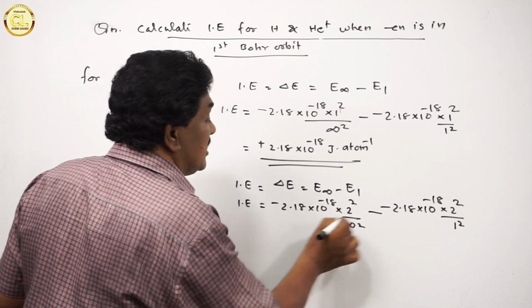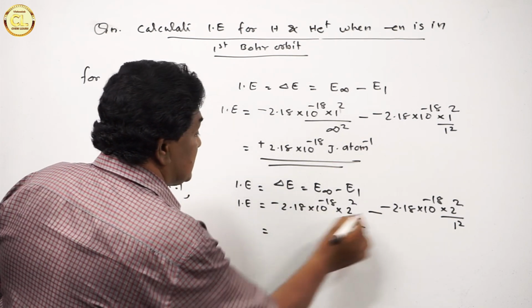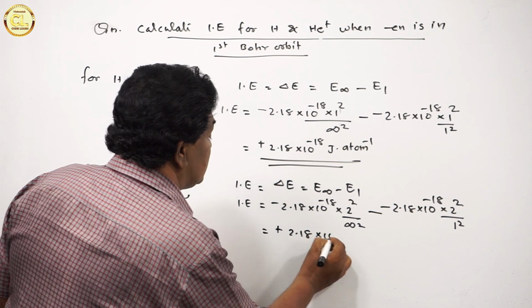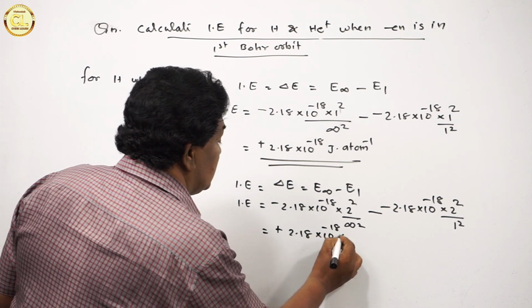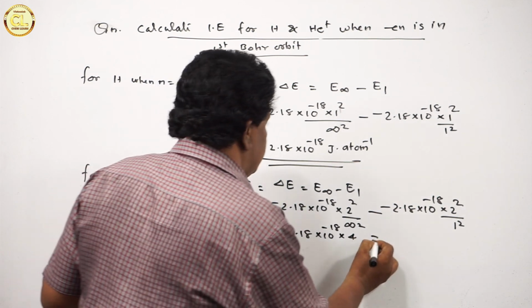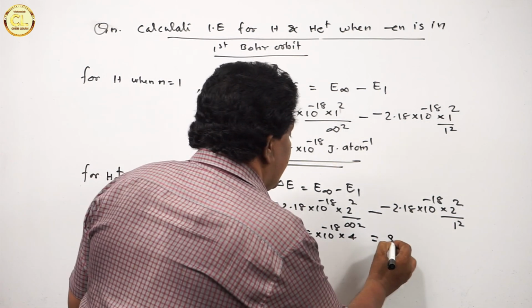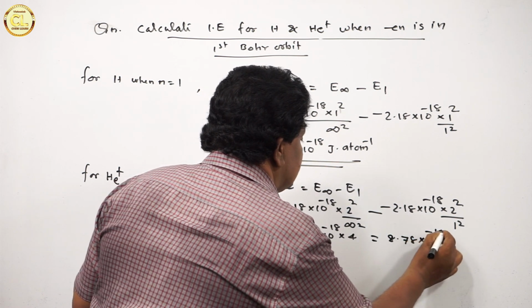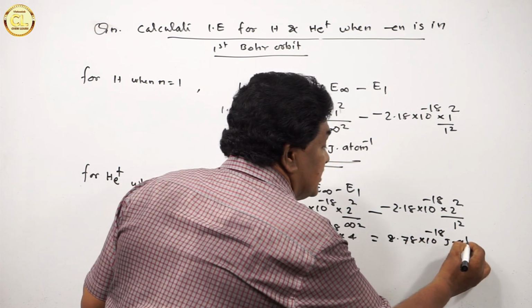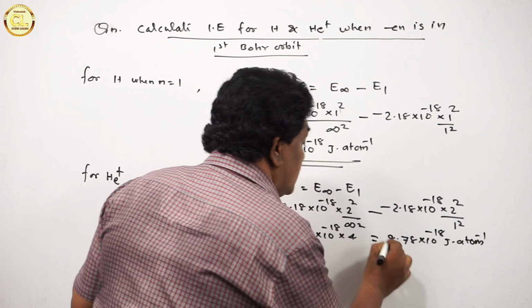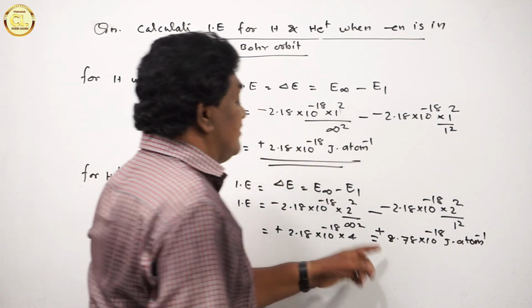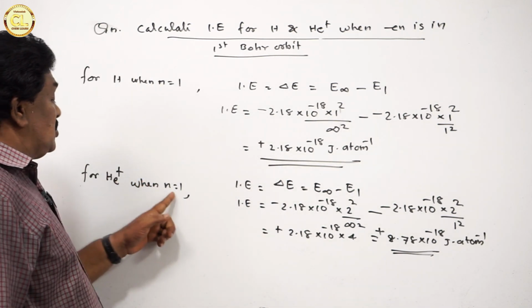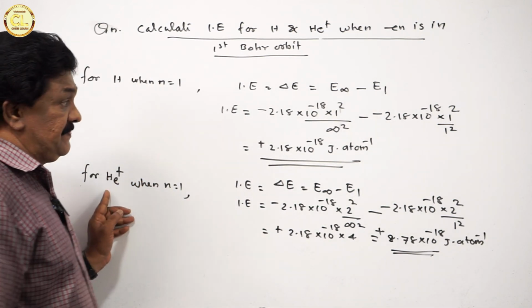This term becomes 0, so minus of minus becomes plus, that is plus 2.18 into 10 raised to minus 18 into 4, which is equal to 8.78 into 10 raised to minus 18 joule per atom. This will be the ionization enthalpy when n is equal to 1 for He plus.